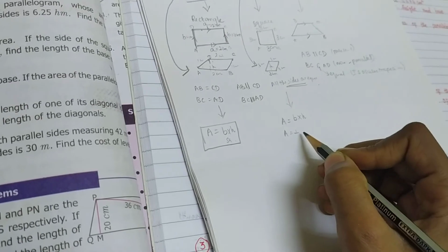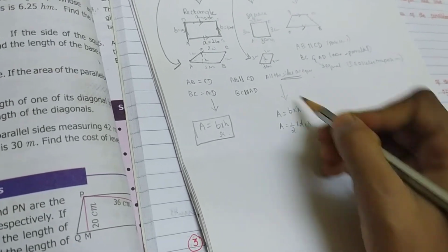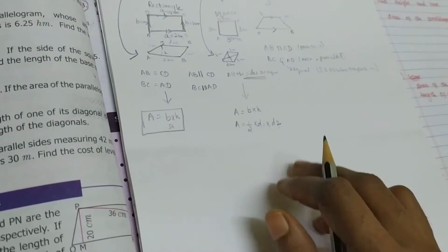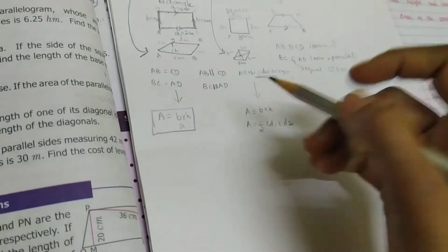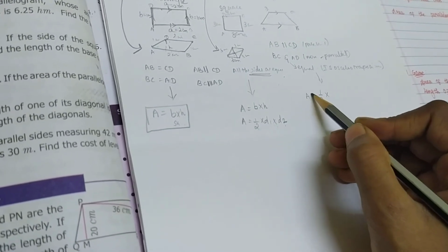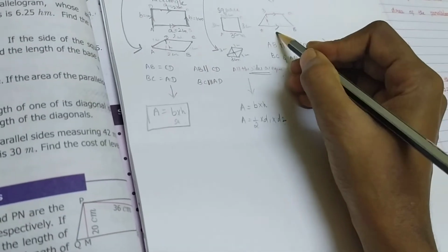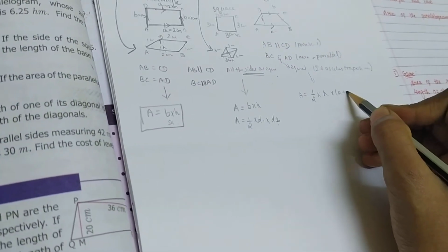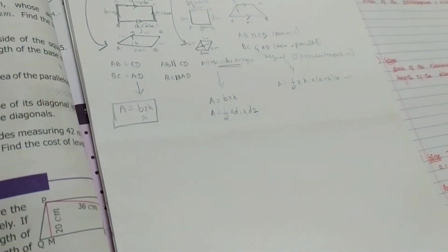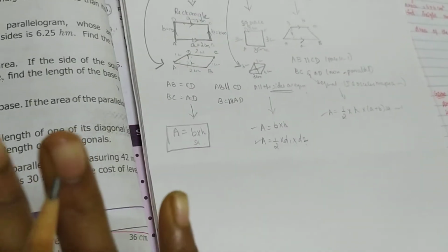And one more: 1 by 2 into D1 into D2, the half of the product of the two diagonals. For trapezium, area A equals 1 by 2 into height H into (A plus B), the parallel sides, square unit. These are the four very important formulas. By using these, we are going to see the sums.